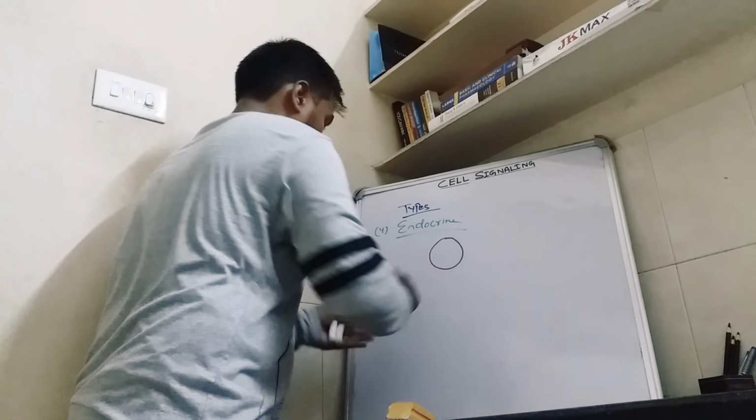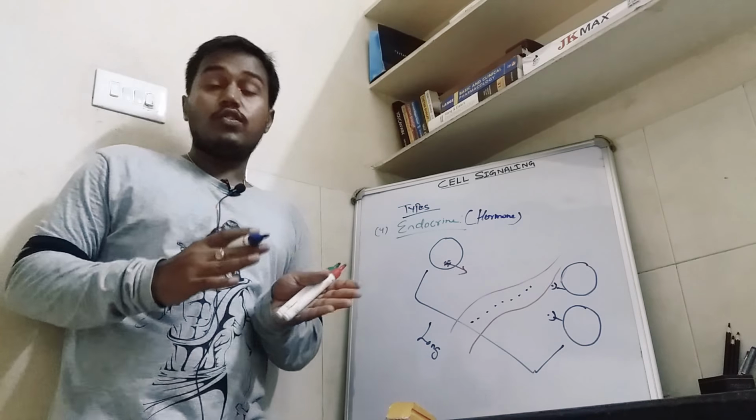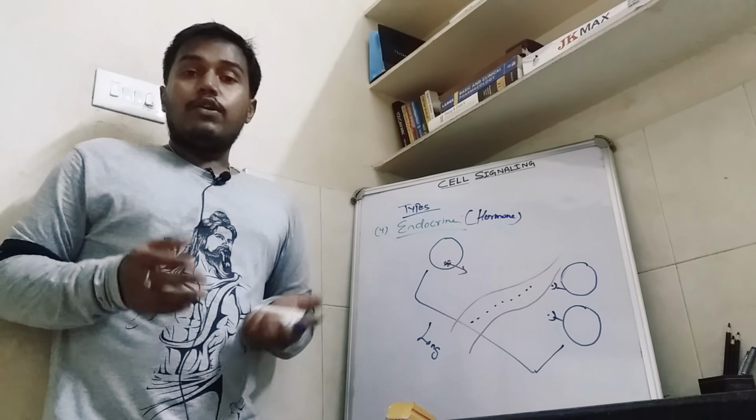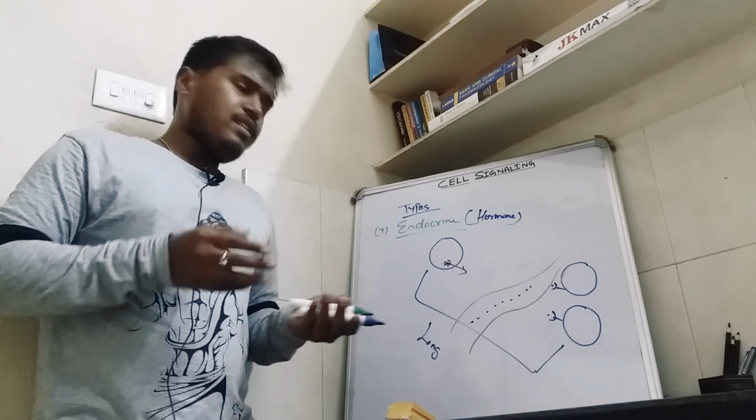So paracrine is the opposite of endocrine. Paracrine needs a short distance, but endocrine needs a long distance. All the hormones use endocrine signaling. That's why endocrine signaling is also known as hormone signaling. Examples of endocrine signaling are thyroid stimulating hormone or insulin.